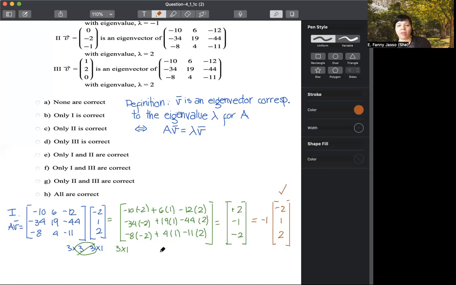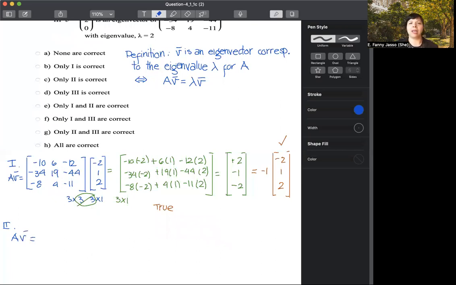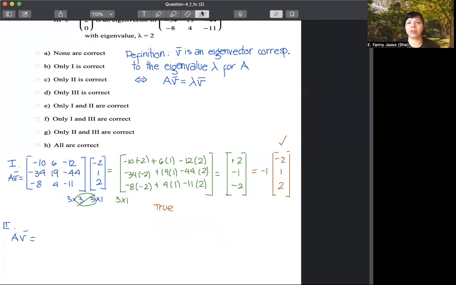So this is true. Now we just need to do the same procedure for the other two vectors. I reviewed how to multiply matrices, so you should feel comfortable with this. I'm going to let you do that on your own and just show you what you should get.